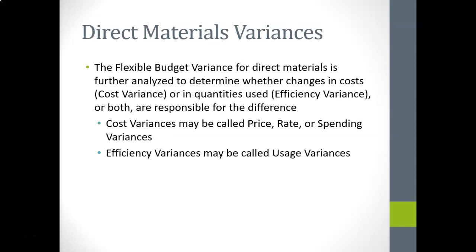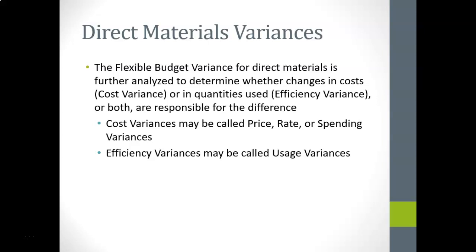For direct material variances, the flexible budget variance for direct materials is further analyzed to determine whether changes in costs, which is called the cost variance, or in quantities used, which is called the efficiency variance, or both, are responsible for the difference that we're seeing in the total flexible budget variance for direct materials.